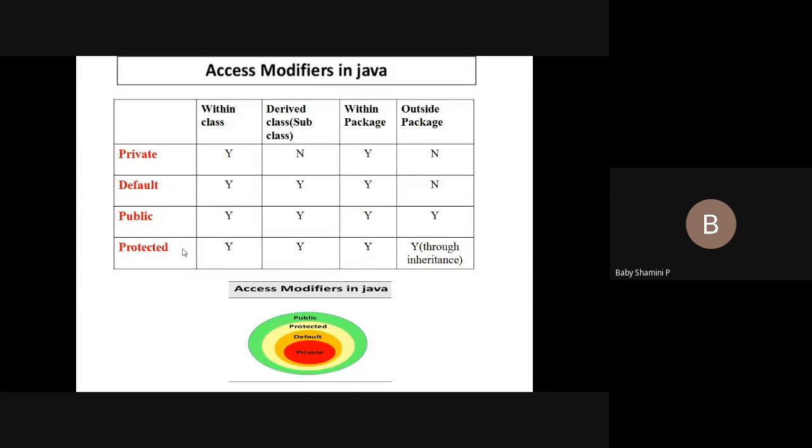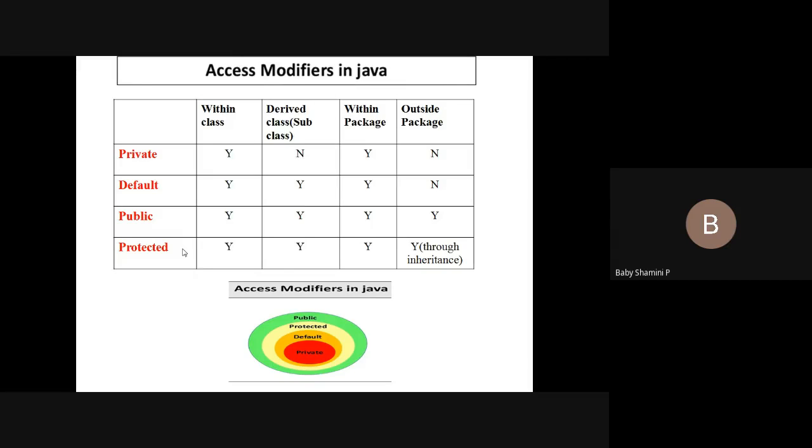Based on this visibility, we can identify whether the data is visible within a class, outside a class, within a package or outside a package. So we have private, default, public and protected, and through these access modifiers we go for certain operations.